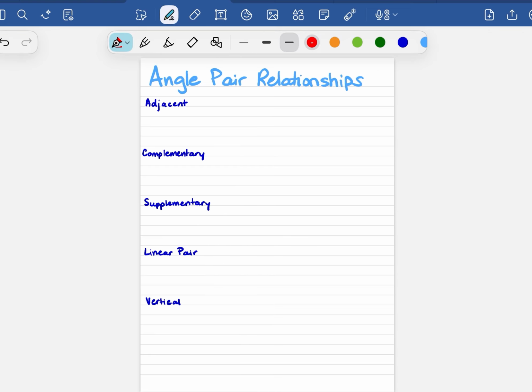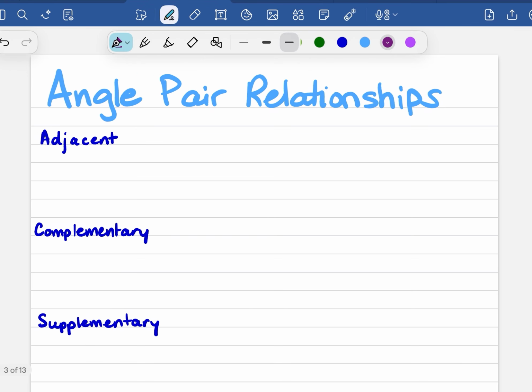So adjacent means next to. So it's two angles that are next to each other. However, you might be thinking, well, these angles are next to each other, they're close to each other, these are not adjacent angles.